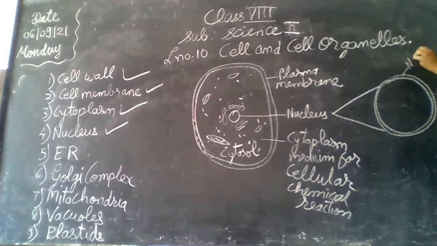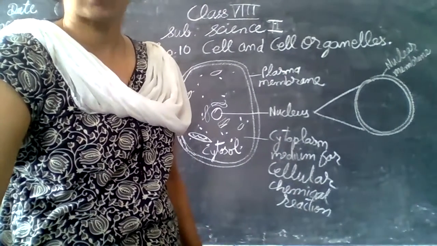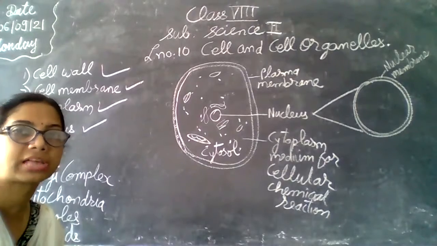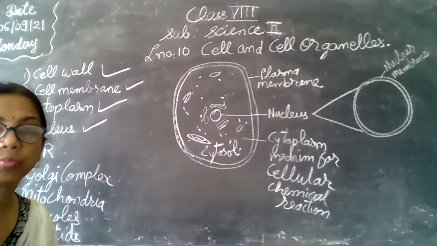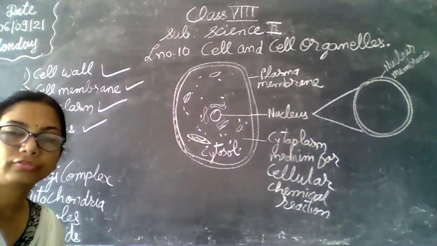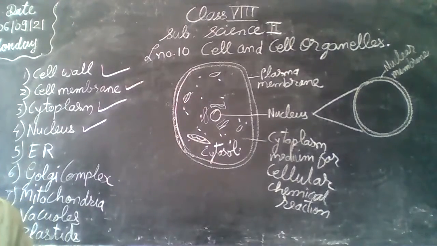The nuclear membrane is very important to keep the nucleus away from the other cell organelles and the cytoplasm present inside the cell. The nucleus is a very important part of the cell. It is actually the heart or brain of the cell. It directs all the cell organelles and their functions.